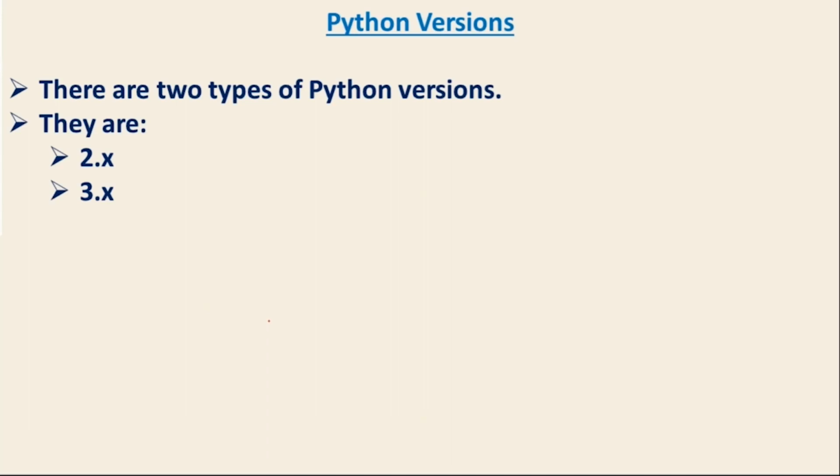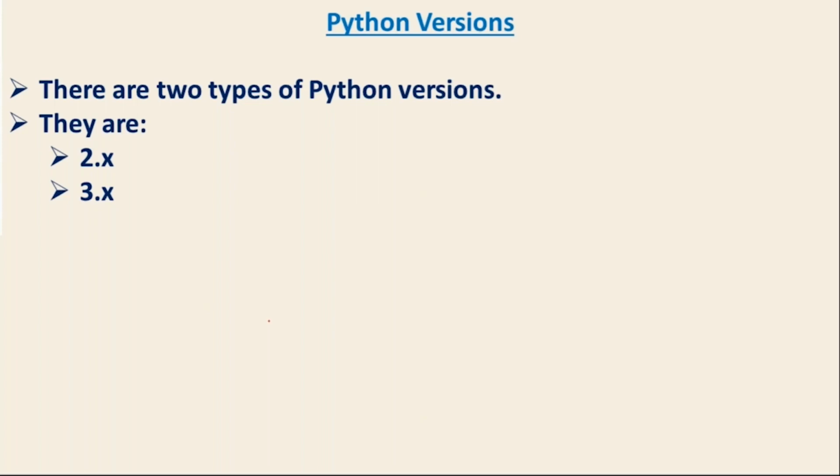Compared to 2.x and 3.x, in 3.x most of the outputs are like objects, but in 2.x you directly get your output. So actually an enhanced technique is there with 3.x. Anyway, one more thing you have to remember: after 2020 there will be no further new development with 2.x.